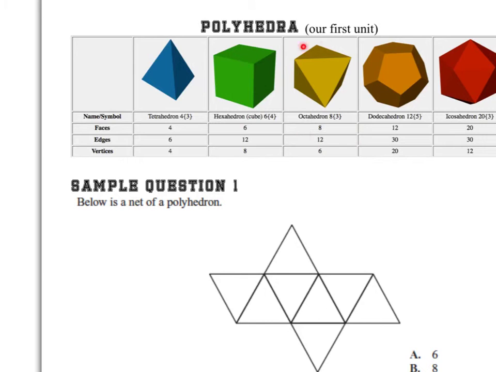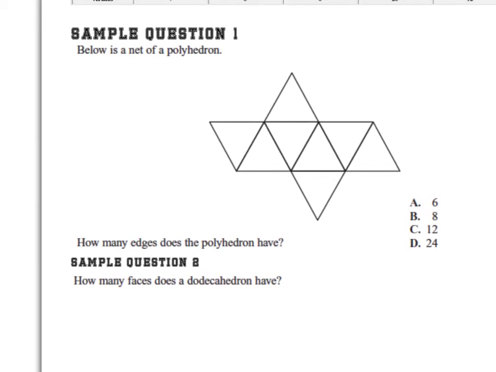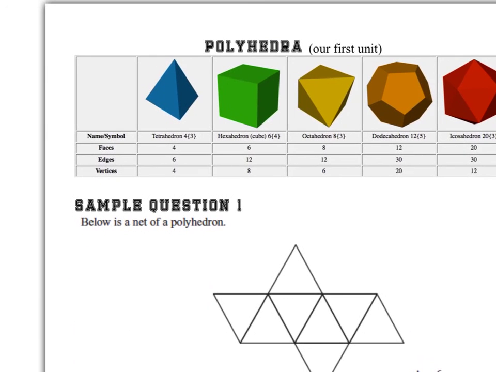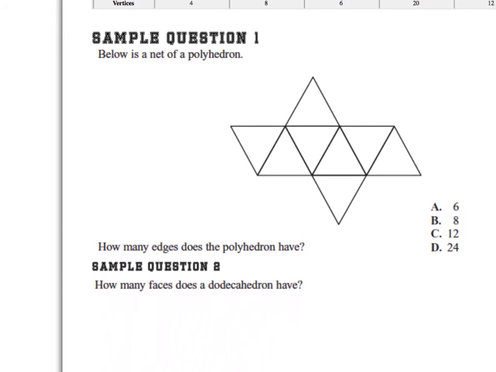And so that's going to definitely put us in the octahedron category. So we look at the choices, and in terms of the edges, the octahedron has 12 edges, and so our answer choice is C.